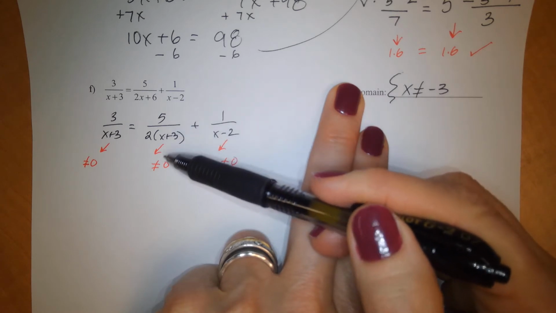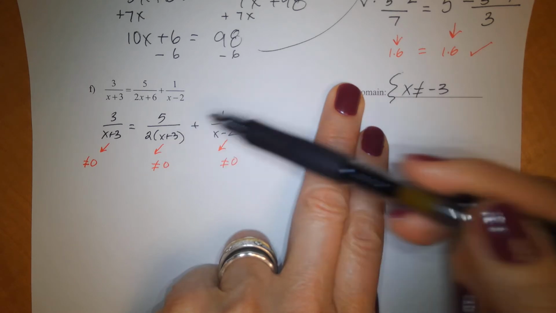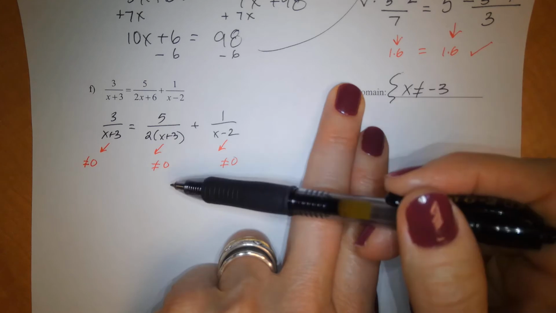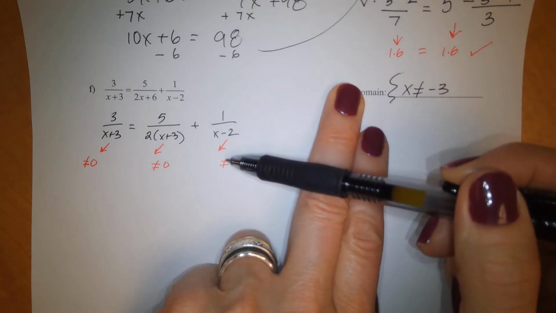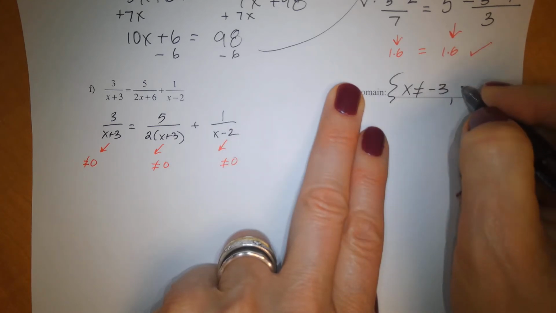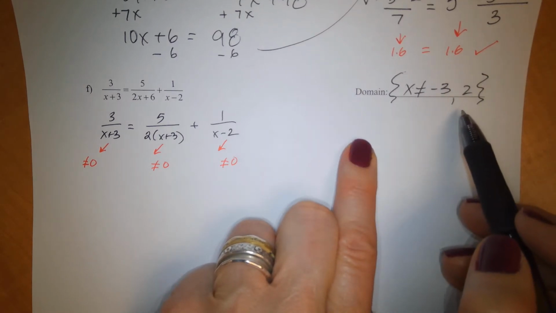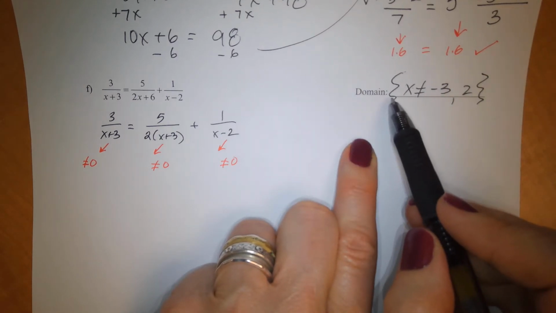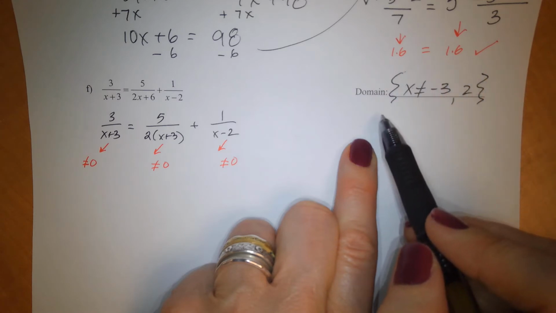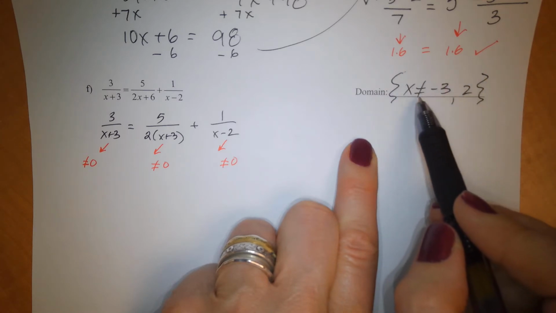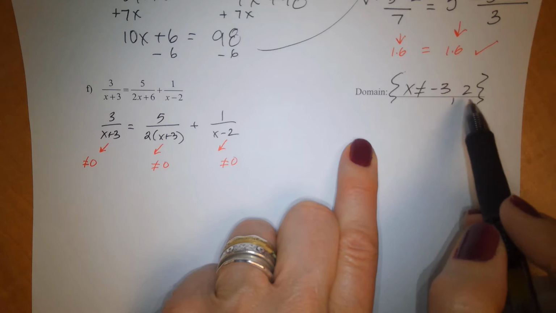What makes this denominator 0? Well, again, -3. What makes this denominator 0? 2. So in this case, I actually have 2 exclusions from my domain. So x can be any real number, anything at all, except it may not be -3 or 2.